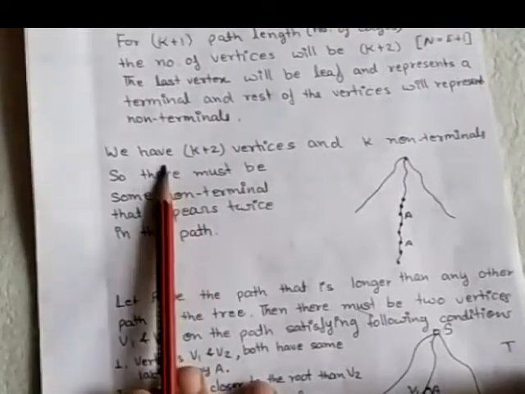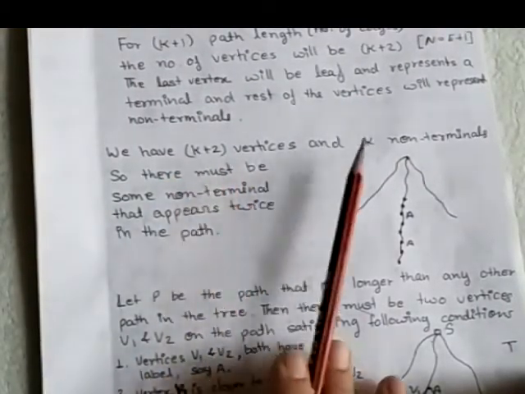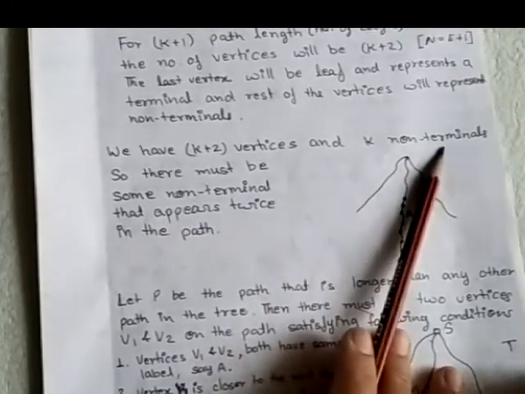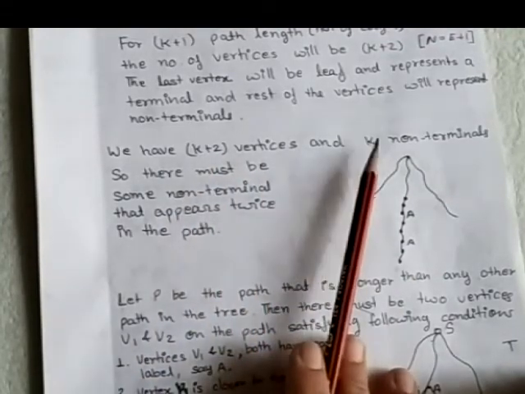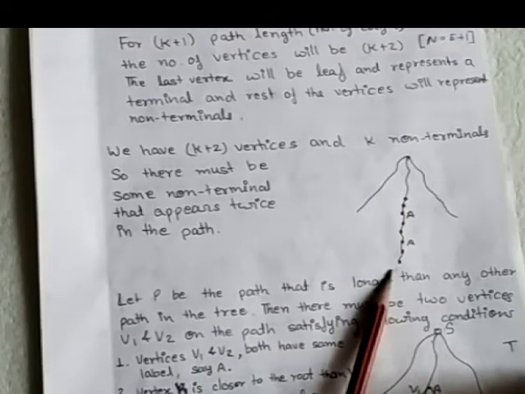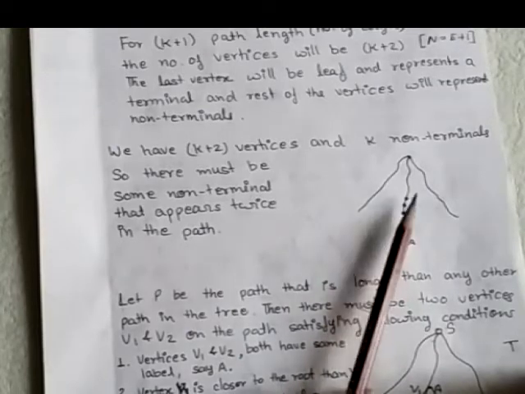Now if we have k plus 2 nodes but only k non-terminals, then obviously on the path some non-terminal will appear twice.